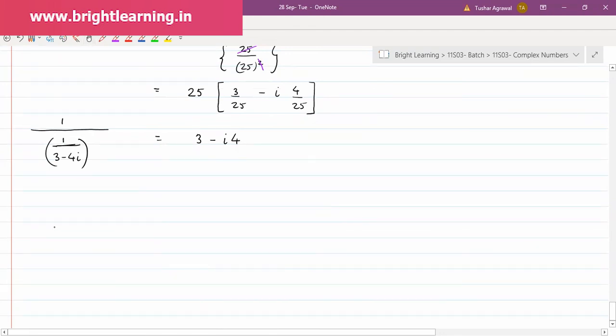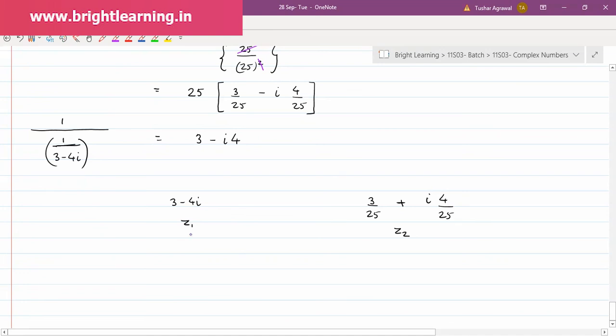Okay. Yes, sir. So 3 minus 4i is z. This is one complex number, z1. And my other complex number is 3 upon 25 plus i times 4 upon 25. This is my z2.